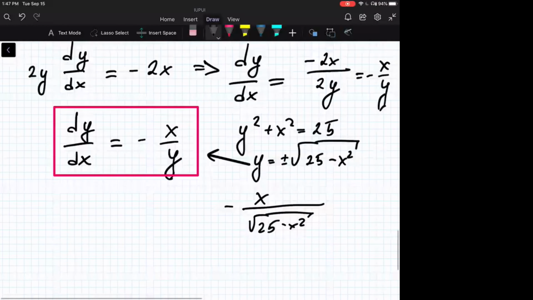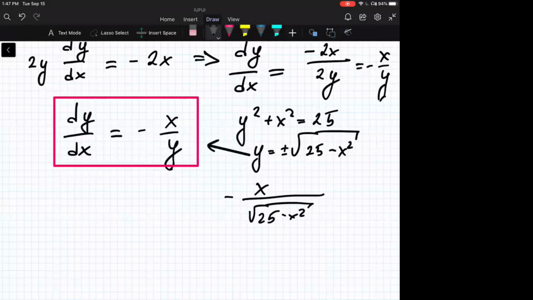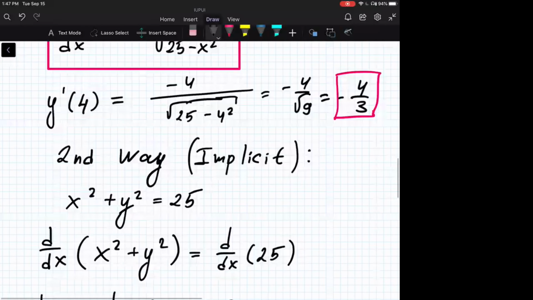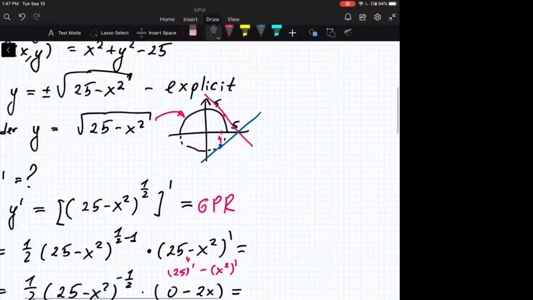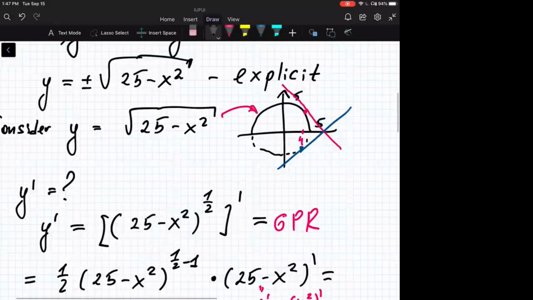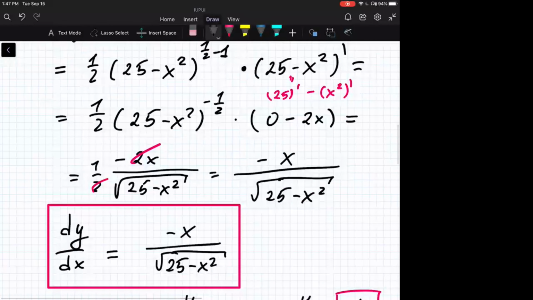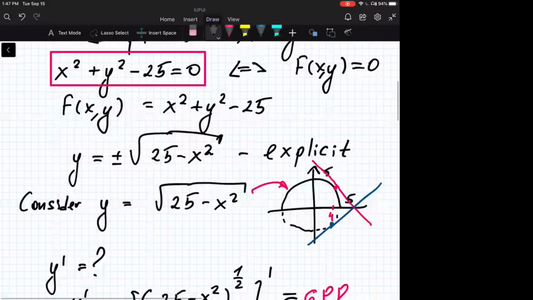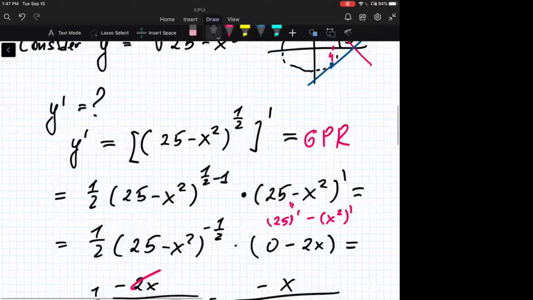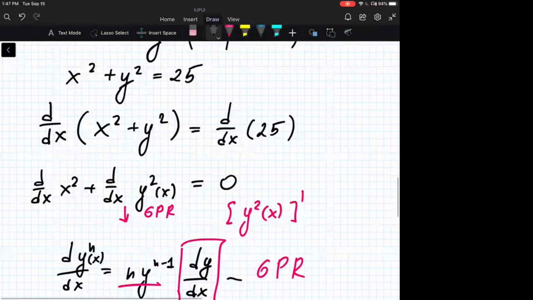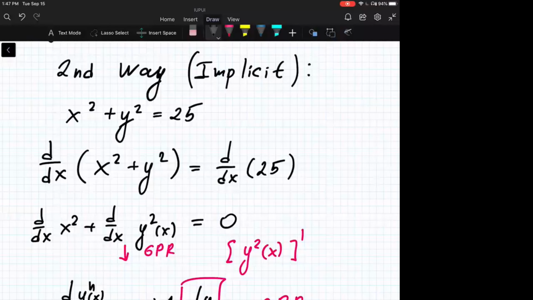And that's it. Okay, any questions so far with this first example? So what is the main point? Again, the main point is that you can differentiate an equation. That's the crucial step here.